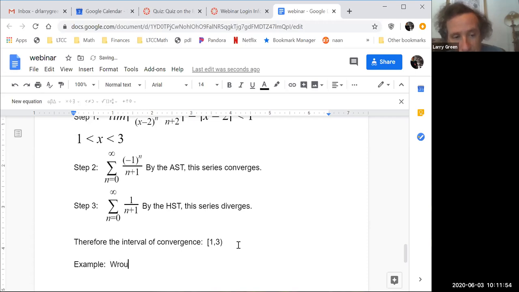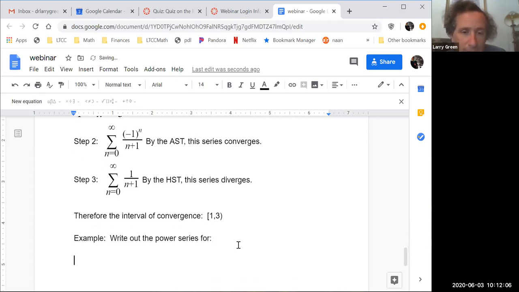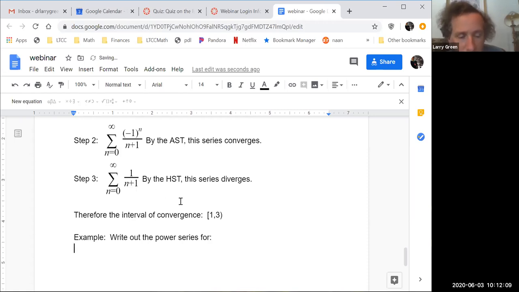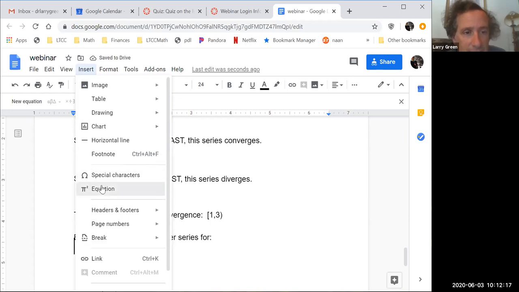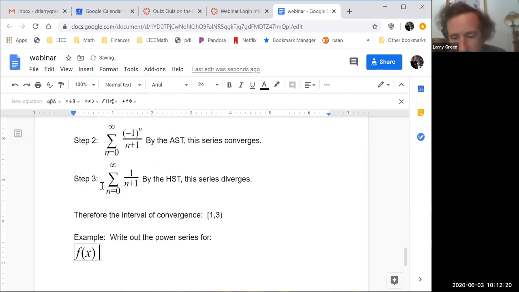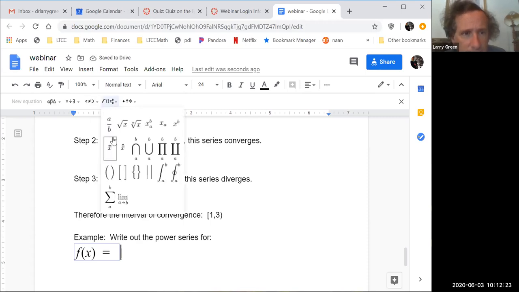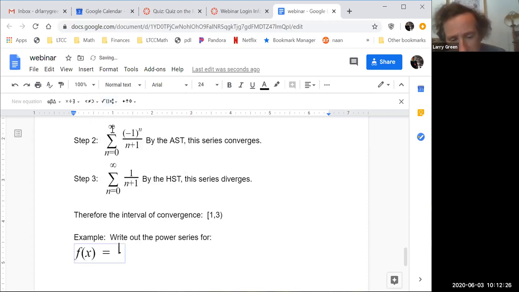Write out the power series for f of x equals 4 over 2 plus x squared.